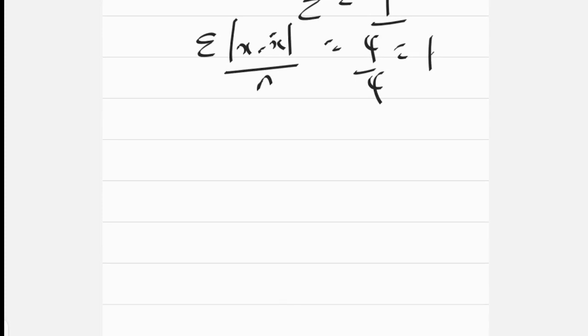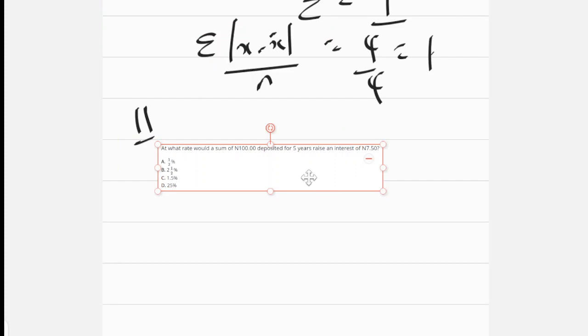Okay, the next question, please. So I think I should just copy that here, question 11. So this question is on simple interest. Okay, question 11. Let me copy it here.